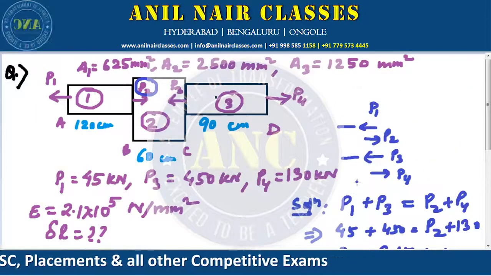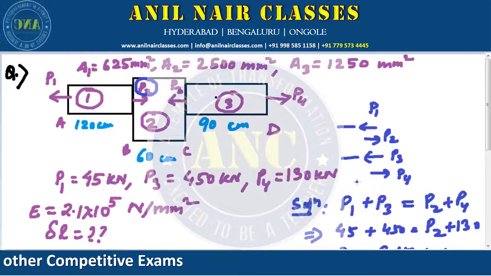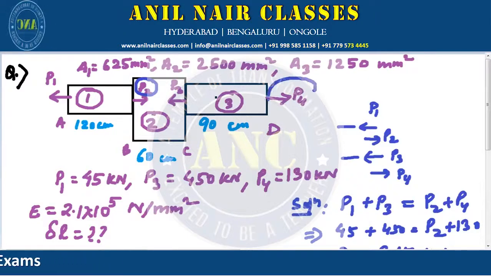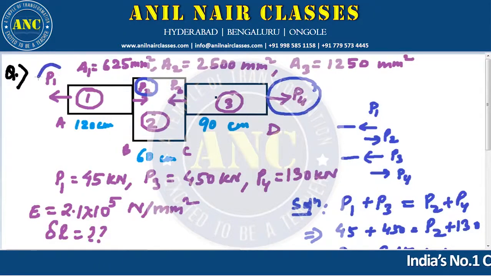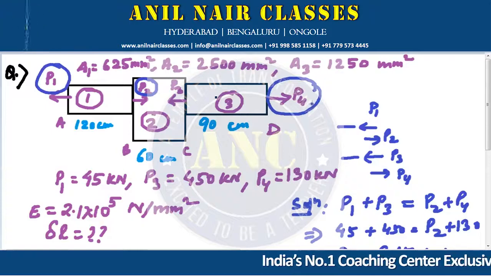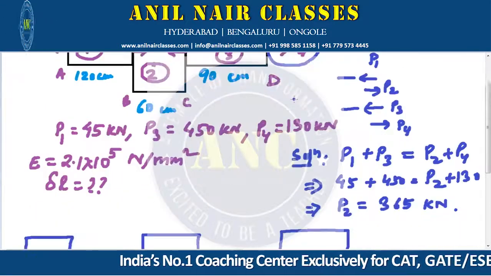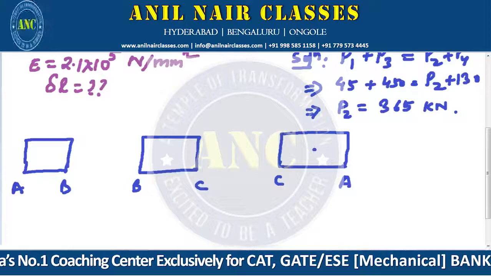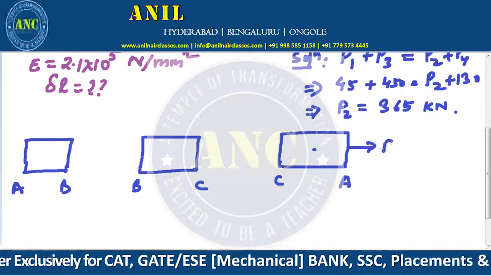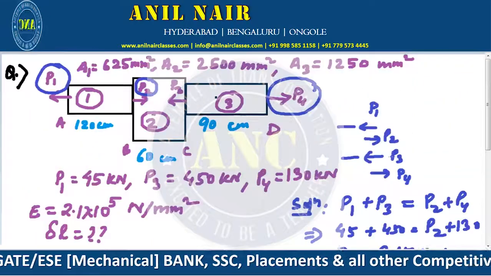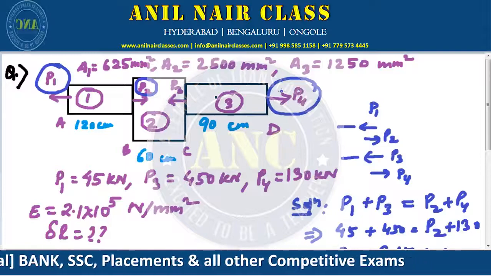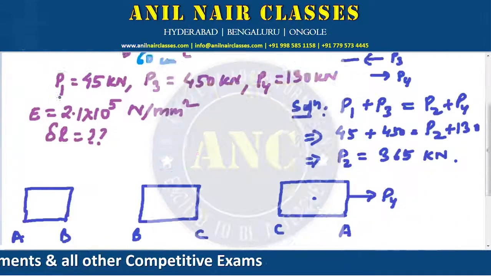What was the concept I told yesterday? No matter whatever the figure is given, always go with the extreme part. First assign the extreme part. So what is that? P4 for section 3. P4 is going away from the center. So this is the center. P4 is going away. Similarly, P1 is also going away.